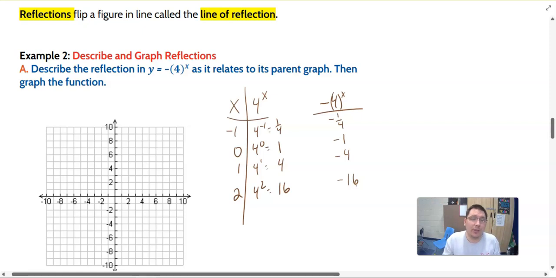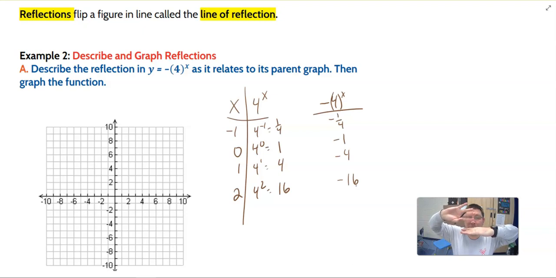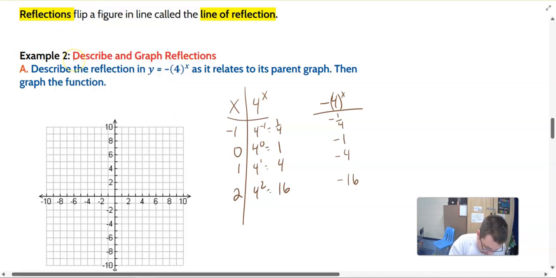And so where this reflects it is across the x-axis. It's taking all my y values from being positive to now be negative, so my curve's going to sit down here. And so let's look at what happened to the original points and where they're going to go. And so -1 and 1/4, 0, 1, 1, 4, and 2, 16 would be way up here.